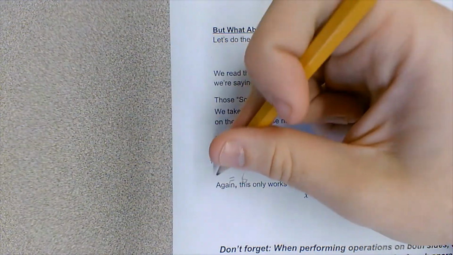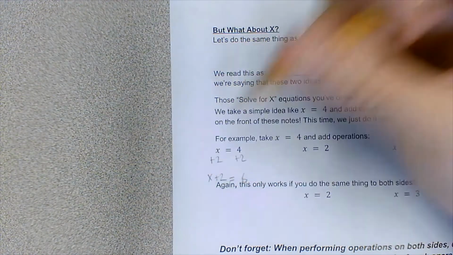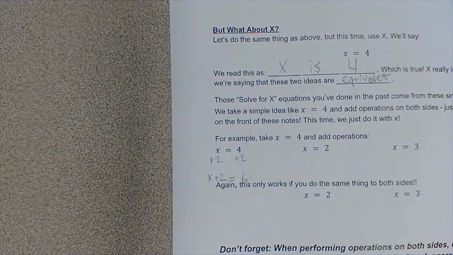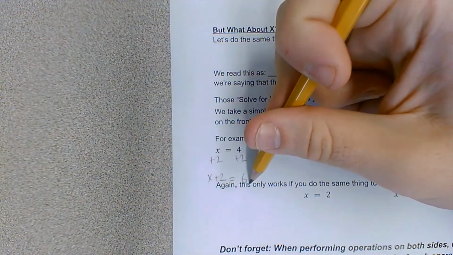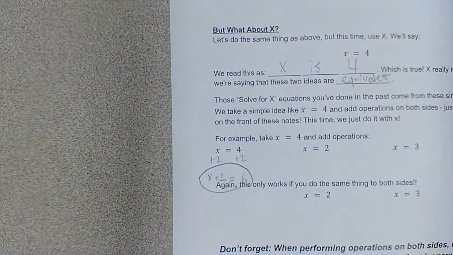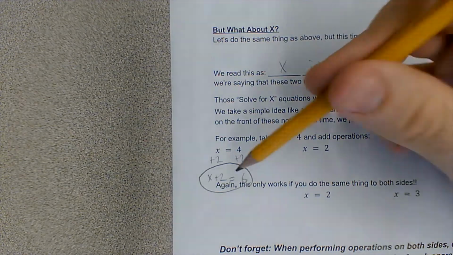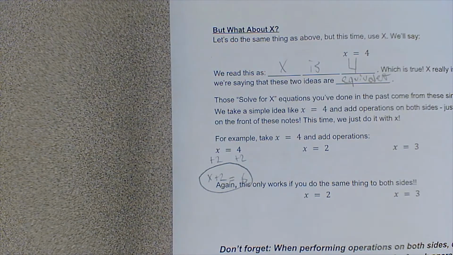The best I can do is say X plus 2 equals 6. And wouldn't you know it, this looks a lot like the variable equations you've done in the past. X plus 2 equals 6 is something you can solve for. And we built that up from just X equals 4. We got a more complex equation from just adding operations to something simple.